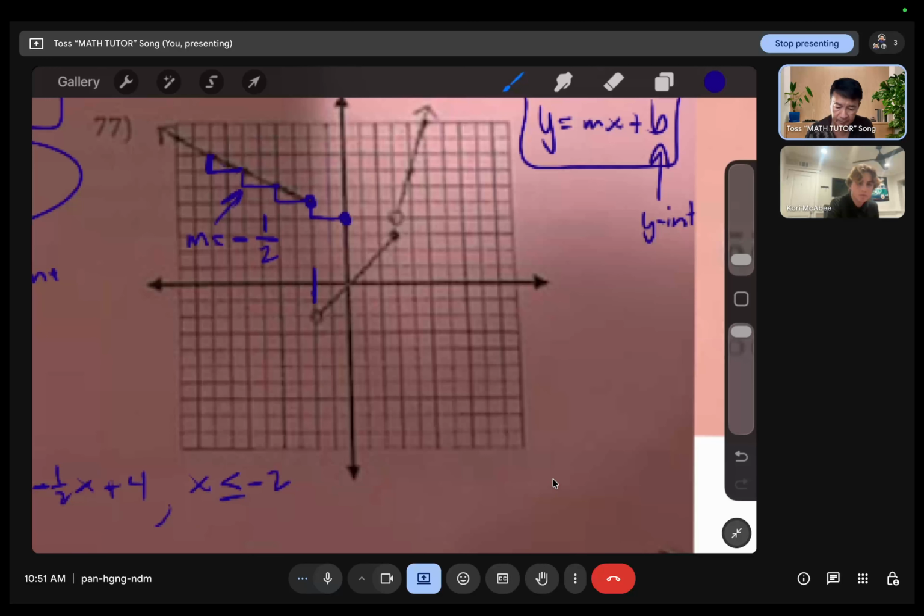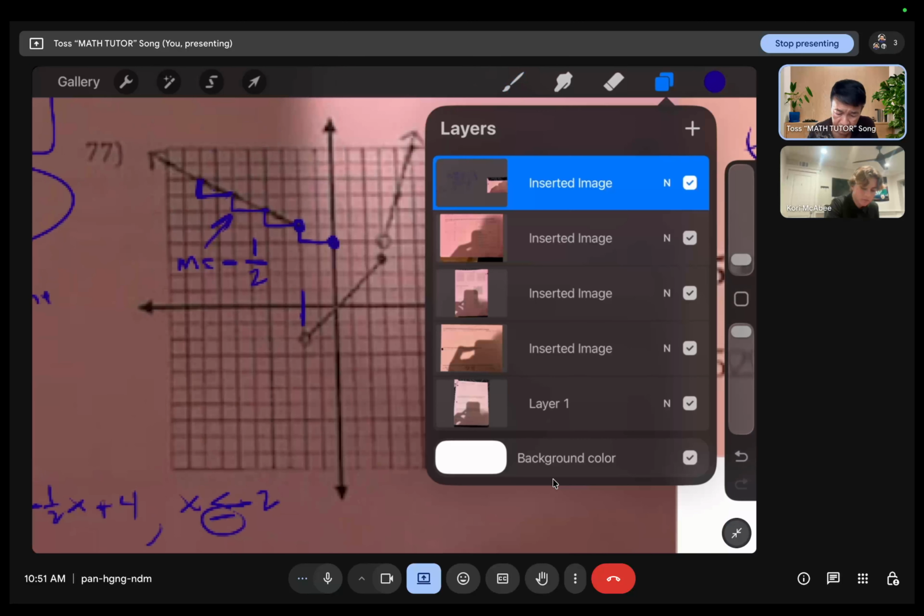So it's closed. So it's a bar. Is that okay?